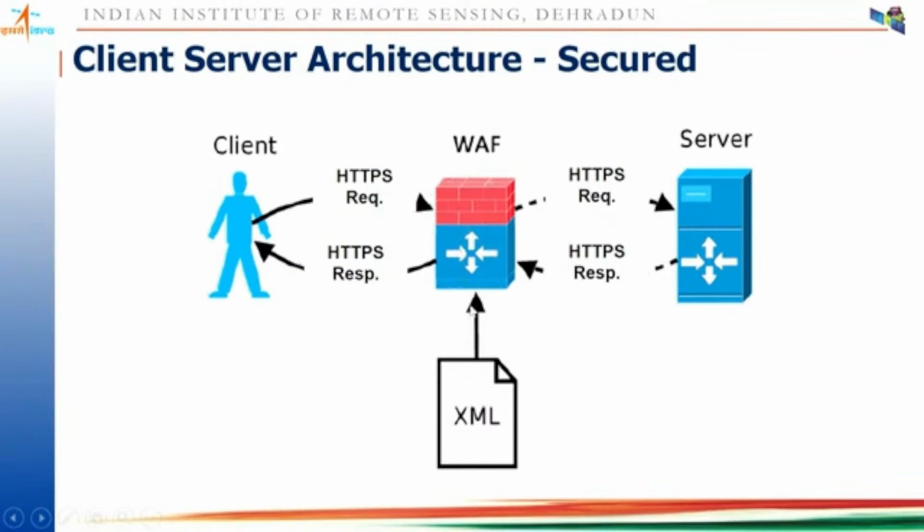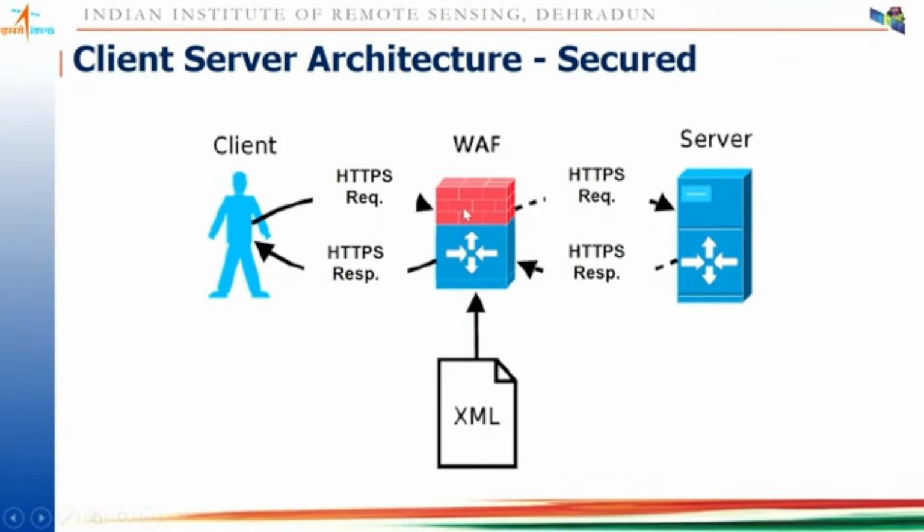All those rules are written in an XML format, and these XML rules will filter out those requests, and only the proper requests are forwarded to the server. Otherwise, malicious requests are dropped at this end itself.